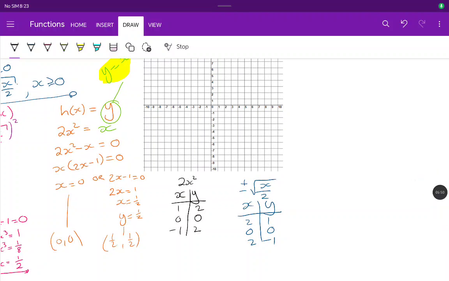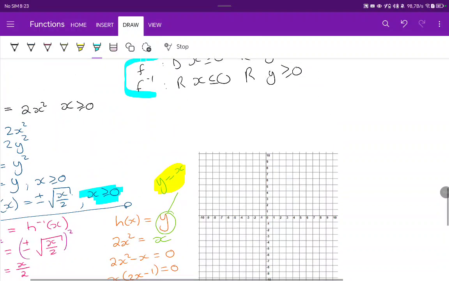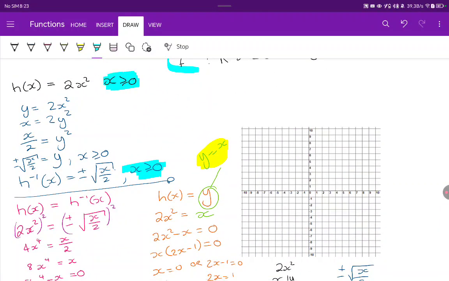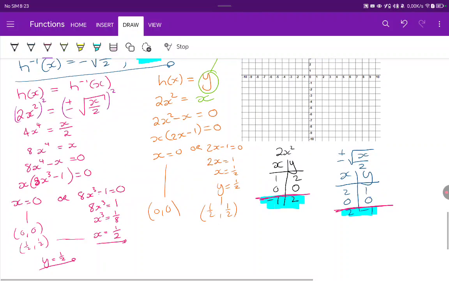I need to point something out. Did you see this restriction that came with the question? The question itself said to us that x must be greater than or equal to 0. That means that this must be removed. And if that one's removed, that one's also removed. In other words, we have a restriction that tells us to stop here. We can't go over that line. So let's sketch this now.